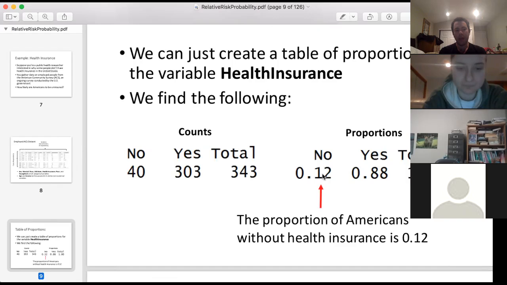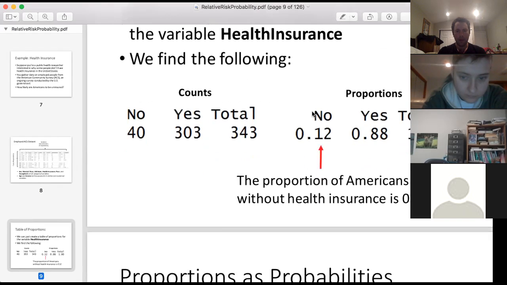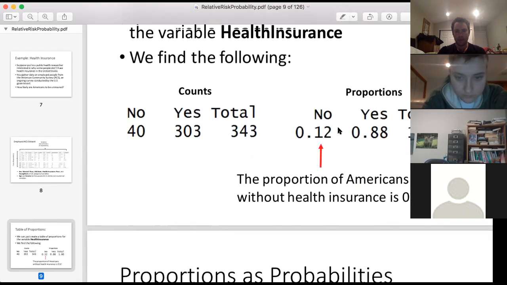So if we were looking at the probability that a random person in our study has health insurance, that would be an 88% chance that a person chosen at random will have health insurance amongst our data set here. And then likewise, if they didn't have health insurance, that would be 12%.